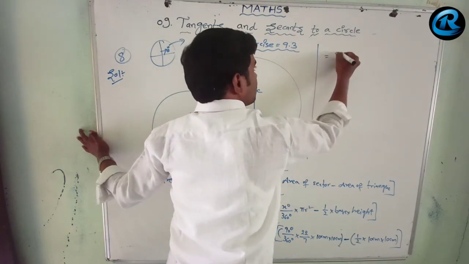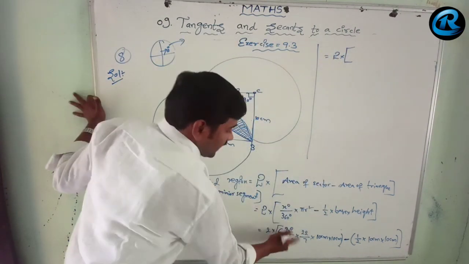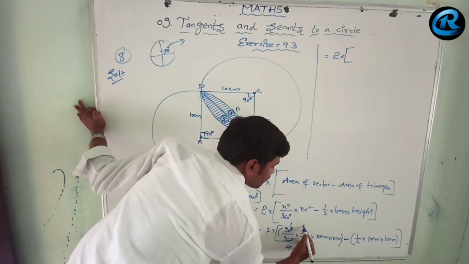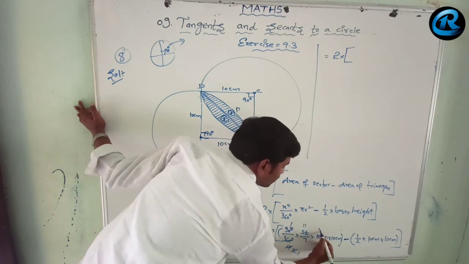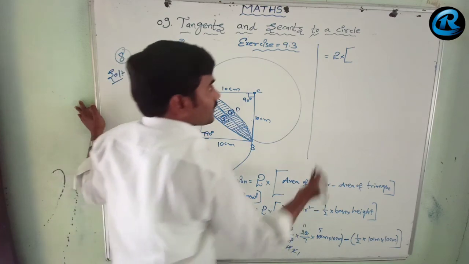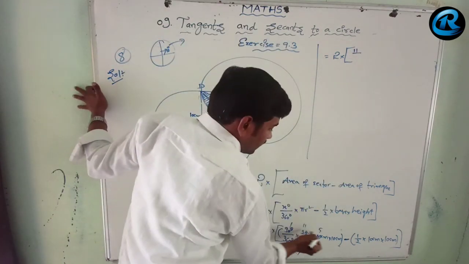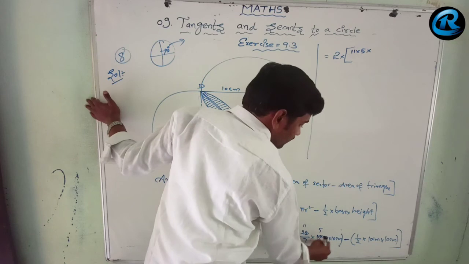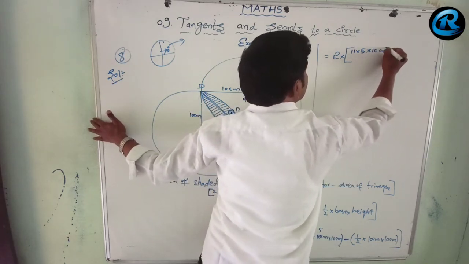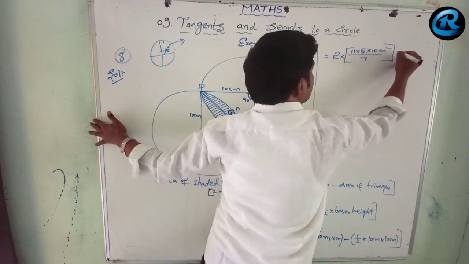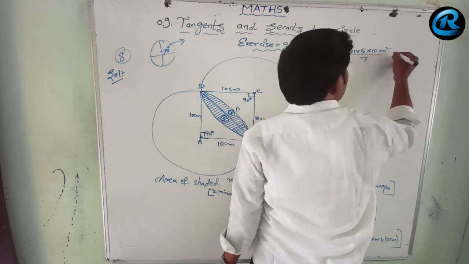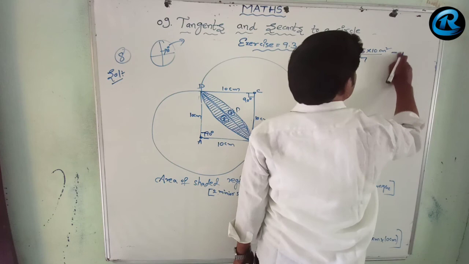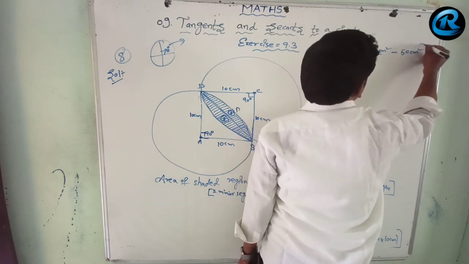So next, that 2 into, see 90 by 360 is 1 by 4. 2 into 22 by 7 into 10 centimeters into 10 centimeters, centimeter squared by 7, minus, 1 by 2 into 10 into 10, 5 into 10 is 50, so 50 centimeter squared.